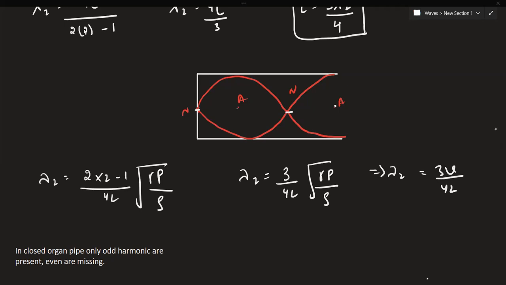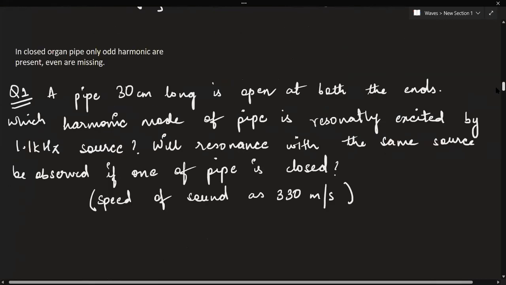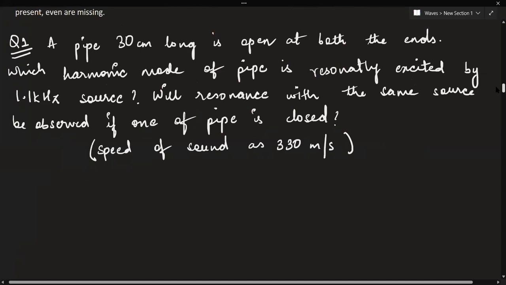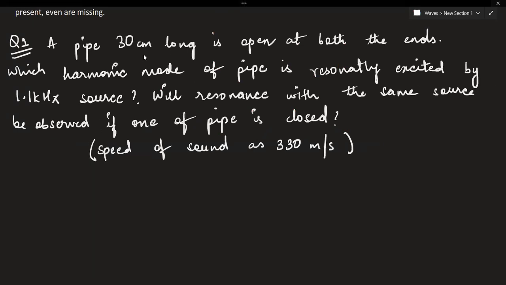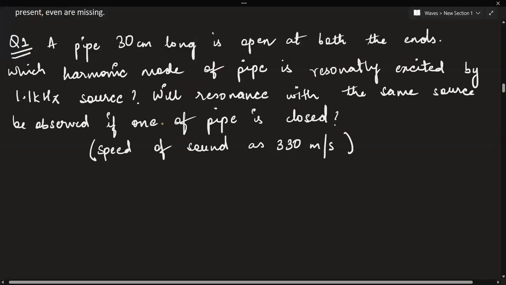Okay, now let's do some numericals. It says that a pipe 30 centimeter long is open at both the ends. So what kind of pipe is this? Open organ pipe.